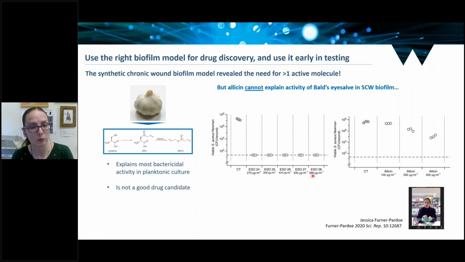She found it varied widely, even though they had the same killing ability. Jess then made up solutions of purified allicin at concentrations representative of what she found in the batches of natural product preparation and tested whether they could kill Staph aureus biofilms in the wound model, and they couldn't. So allicin at concentrations at the top end of what we find in this natural product cocktail cannot clear biofilms, but the cocktail can.